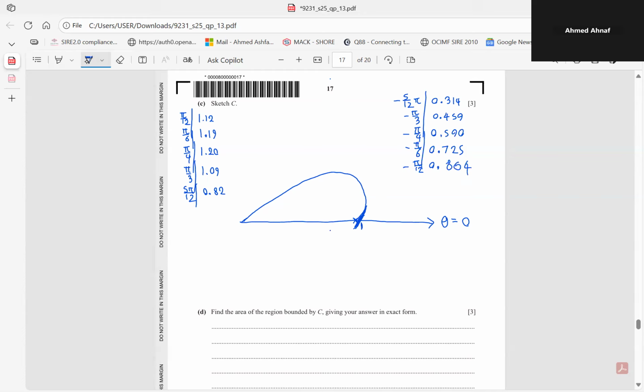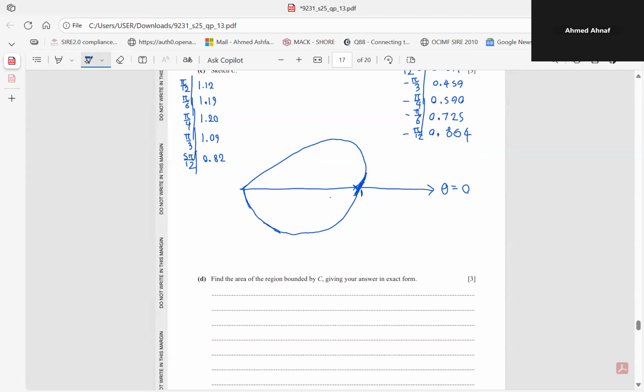As you can see, this increases more gradually, so it's something like this. This is our final answer for this part.